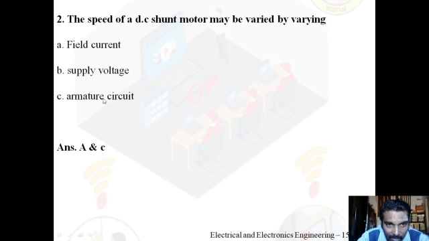Here, if he had given armature circuit resistance, then we could consider C, but he has not given the resistance, he has given just the armature circuit. He has to tell the parameter you are varying, therefore we can neglect C. You can go for option A and B. That means by varying field current and also by varying supply voltage, I can vary the speed of a DC shunt motor.